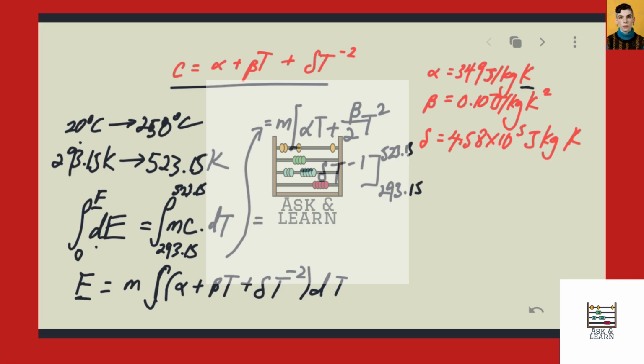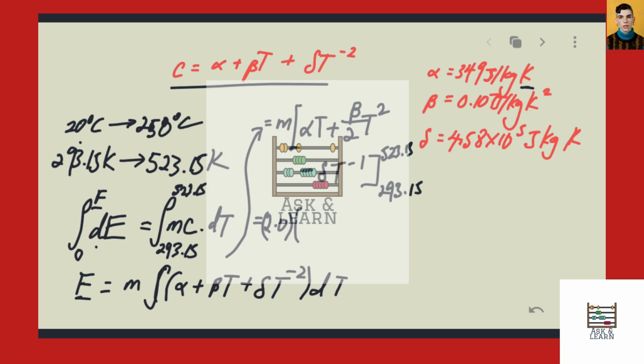Mass is given to be 2 kilograms. So this would be 2 kilograms multiplied by the stuff that's inside. The first limit that we're going to put is t equals 523.15.